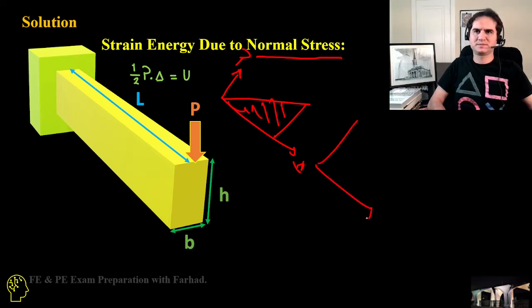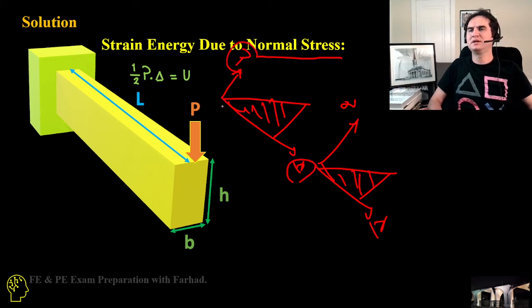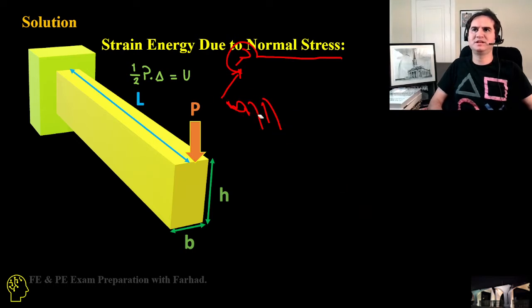We can explain energy in terms of sigma and delta, and also based on force and delta. If you define it by force and displacement, it just gives you the area under this graph. So that's half of a force times delta, and that is strain energy.